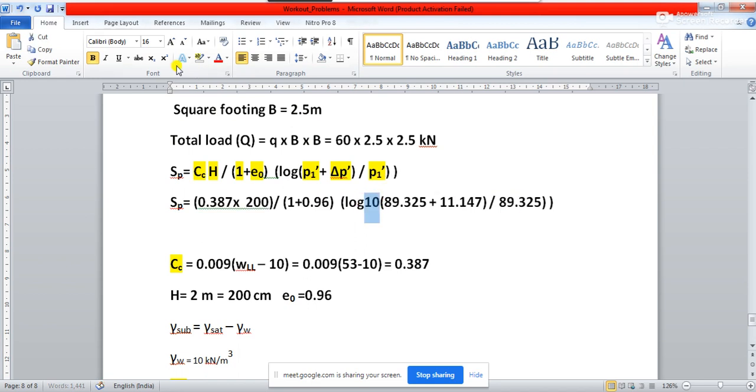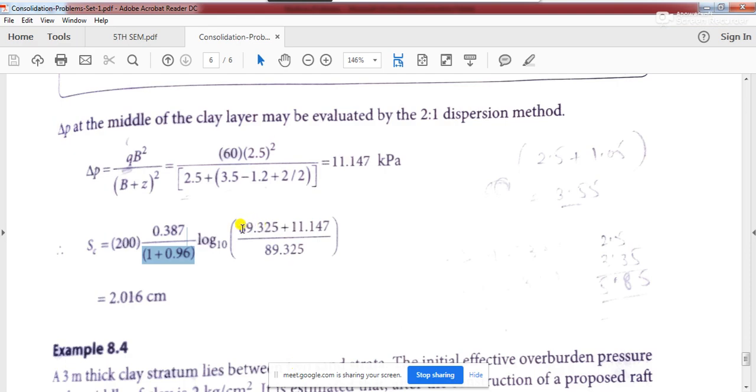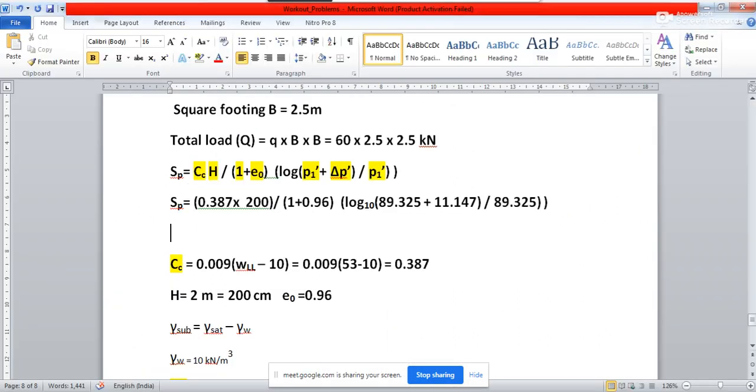Please remember this, it is a base 10 log. Whenever you will be calculating in your calculator, always change your base to log 10 and then calculate. And then 89.325 plus 11.147 divided by 89.325. If you calculate the value, you are going to get approximately 2.016 as the value of settlement.